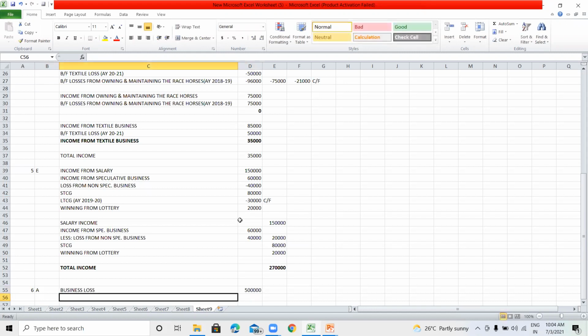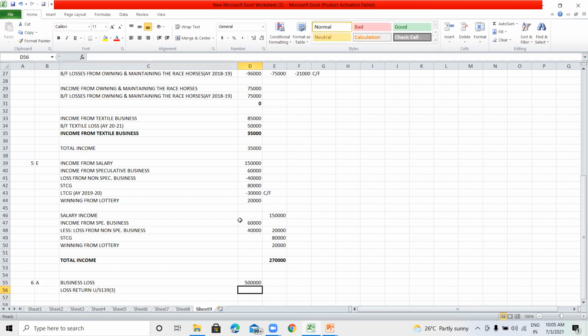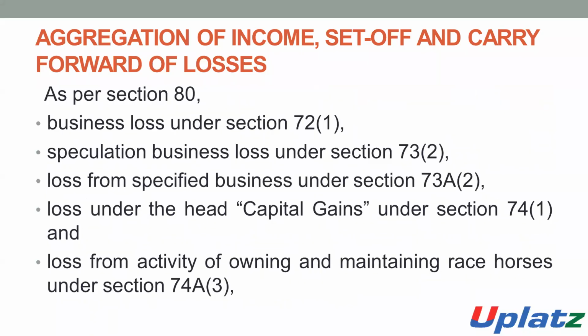Then he is required to file the loss return under section 139 subsection 3 to carry forward and set off such a loss. If such a return is not filed, the assessee shall not be eligible to carry forward and set off such losses. The losses are business loss, speculative business loss, specified business loss, capital gain loss, and loss from the activity of owning and maintaining race horses.